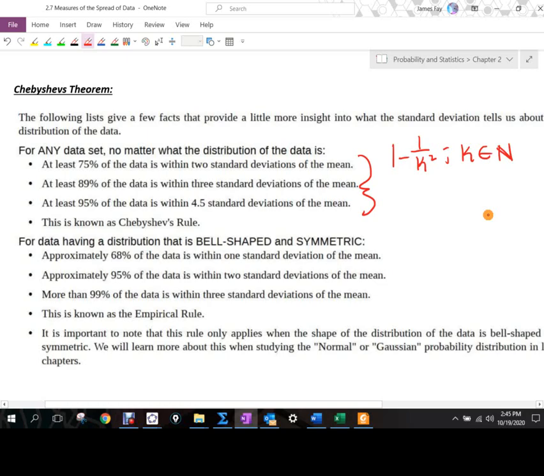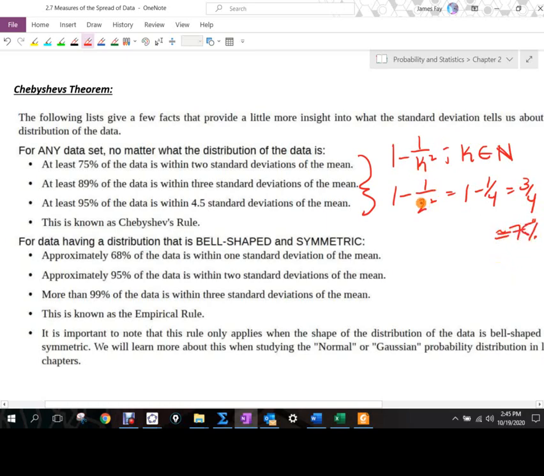What we usually do with Chebyshev's is we stay with k being like 2 and 3, and you see there's also a 4.5 in that third bullet. But what it says here, if k is 2, it gives me 1 minus 1/4, which is 3/4, right? And that then is 75%, correct?